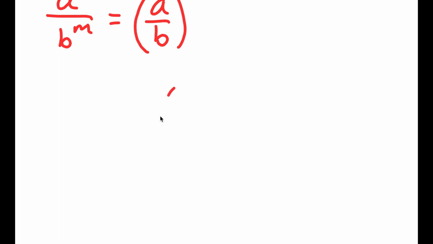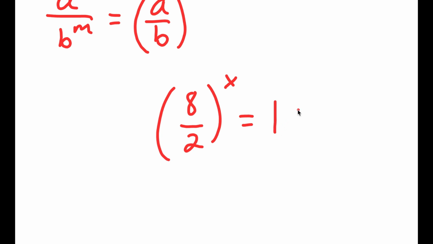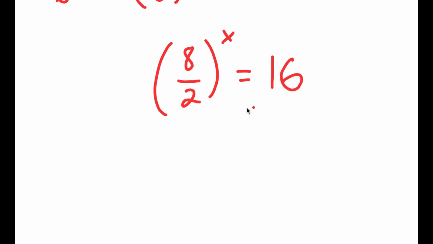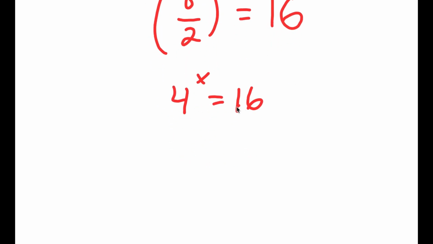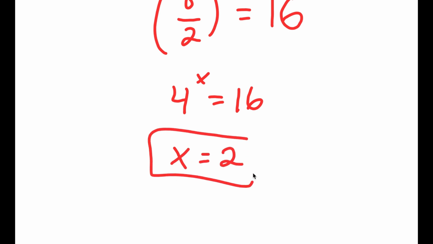So I can rewrite this as a over 2 to the power of x is equal to 16. Now, a over 2, that's obviously 4, so we have 4 to the power of x is equal to 16, and 4 to the power of what equals 16? 2. So I get x is equal to 2.